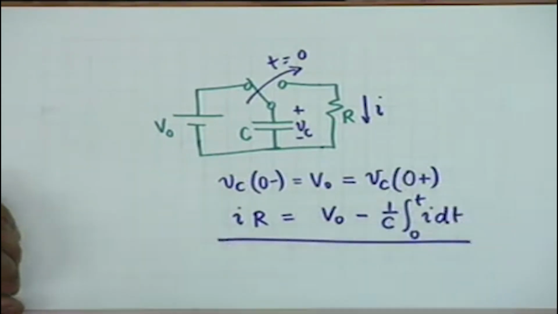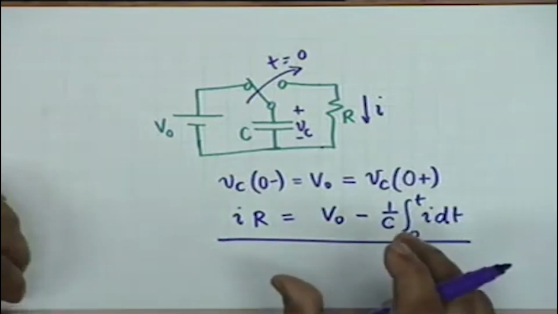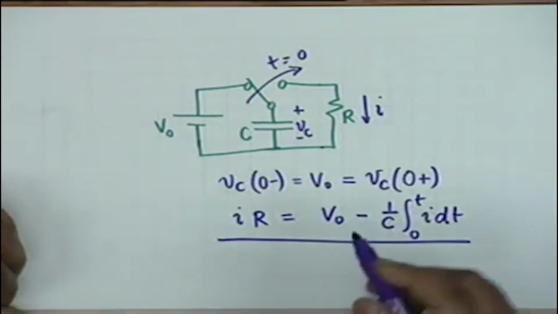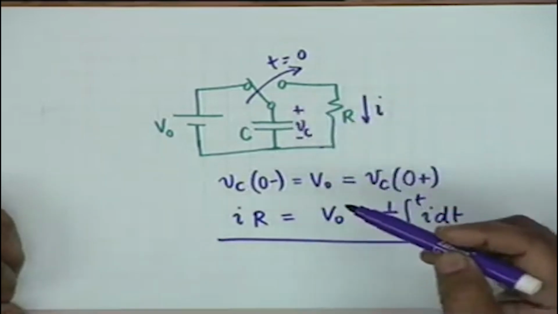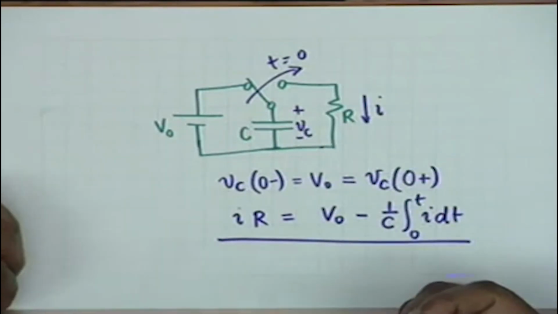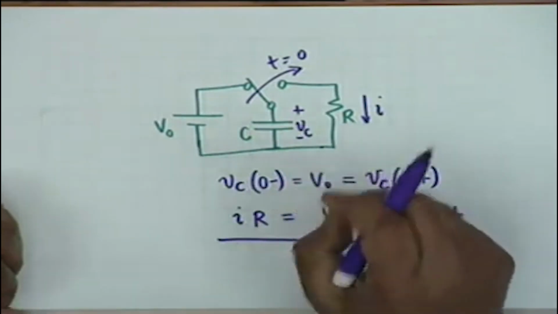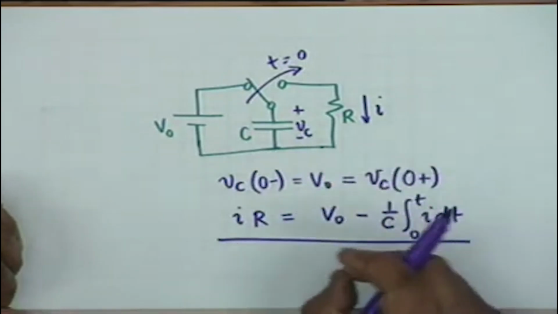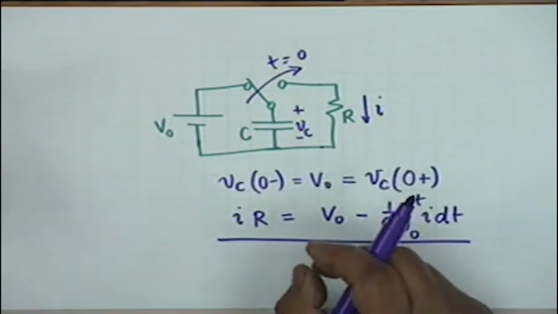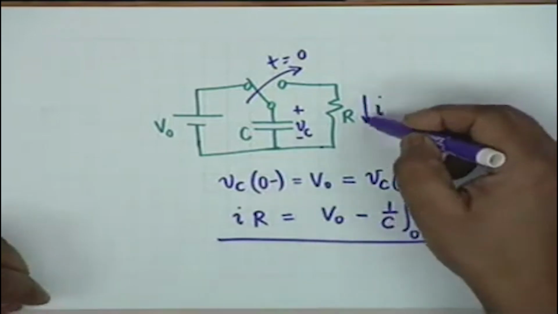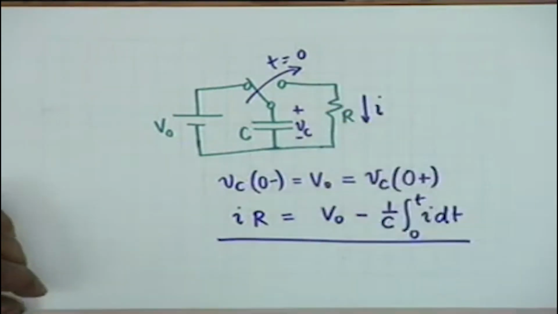Is this equation clear? The voltage across the capacitor at any instant of time would be the initial voltage minus the voltage that it would have acquired in the opposite direction because of the current I flowing in a closed loop.